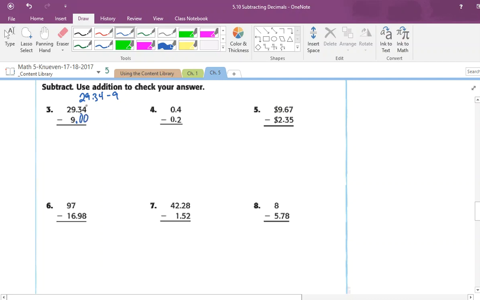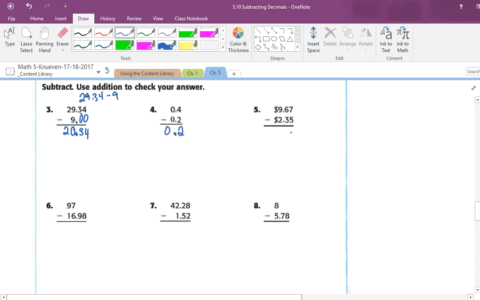I have not changed the value of the 9, so now I can subtract. 4 minus 0 is 4, 3 minus 0 is 3, 9 minus 9 is 0, and 2 minus nothing is 2, and I bring down my decimal point, so I get 20.34. 4 tenths minus 2 tenths. 2 from 4 is 2. Bring down my decimal point, I get 0.2.